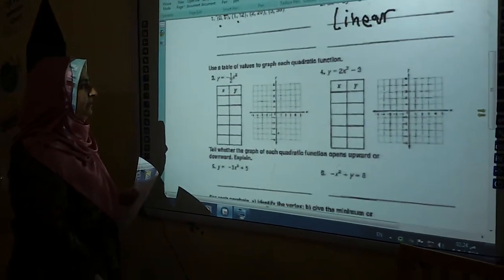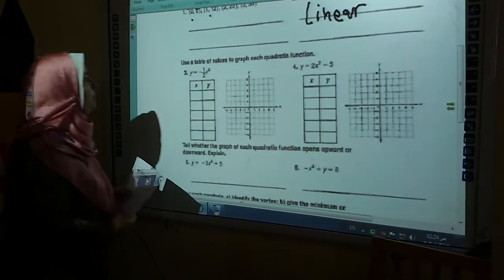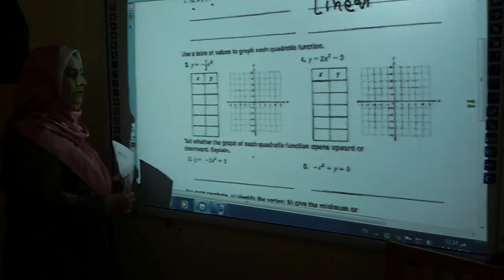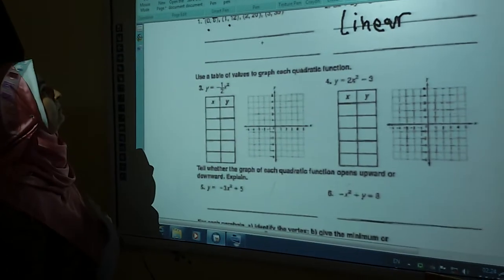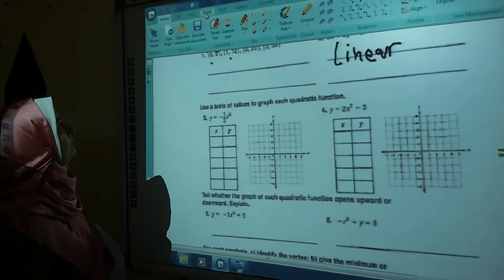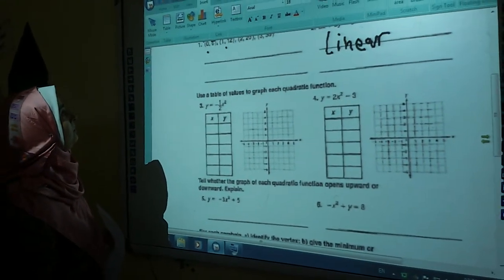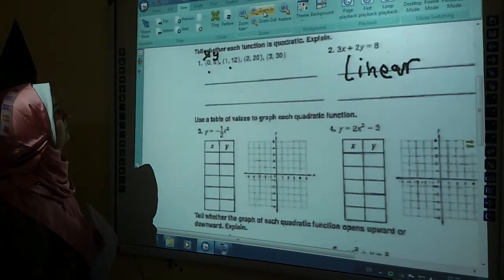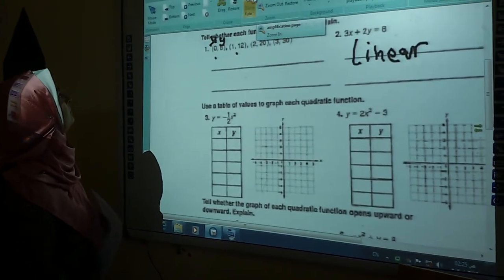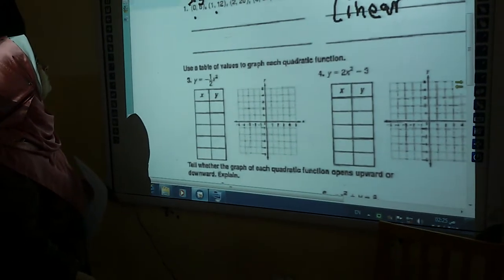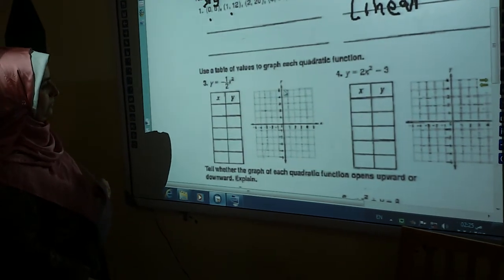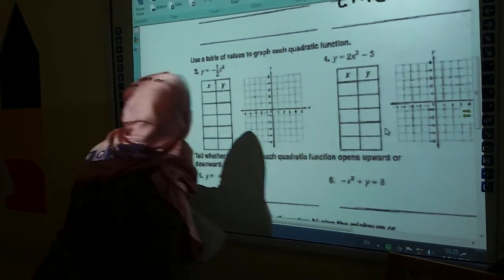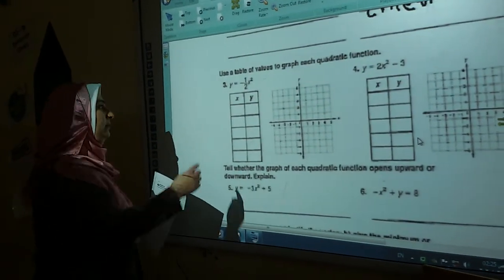I have here this figure, and it's telling me to use this table to get the values of the graph. What are we going to do? We're going to get this table and put the values.